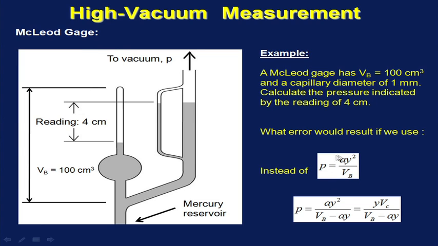In our last class, we derived these equations: P equal to A y square by V v, where A is the cross sectional area of the capillary, y is this length.